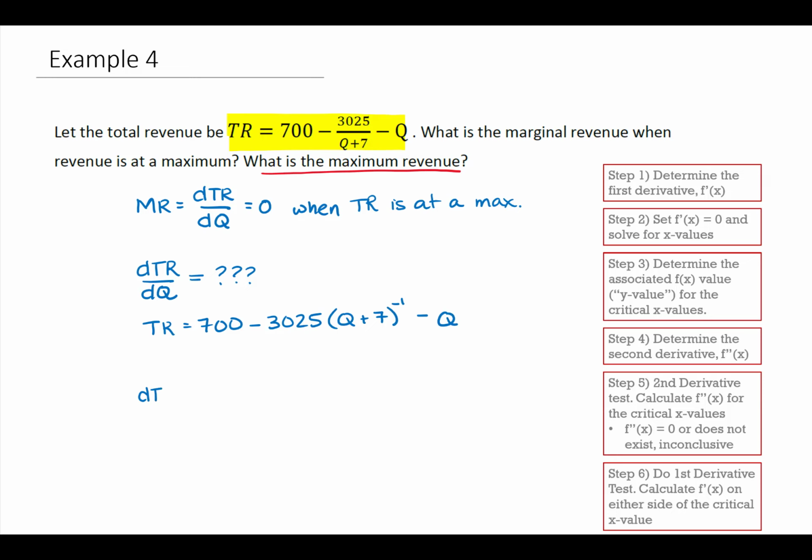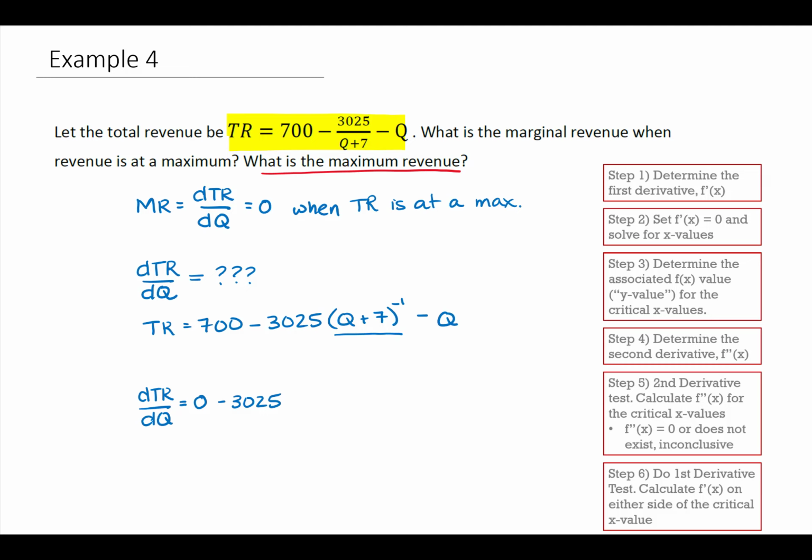Now doing my derivative dTR/dQ, I look at my first term, it's 700. That's a constant, so the derivative is 0. For my second term, I have the coefficient -3025, so that just goes along for the ride. And then I do the derivative of (Q plus 7) to the power of -1.